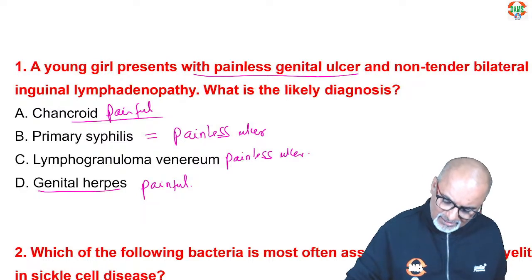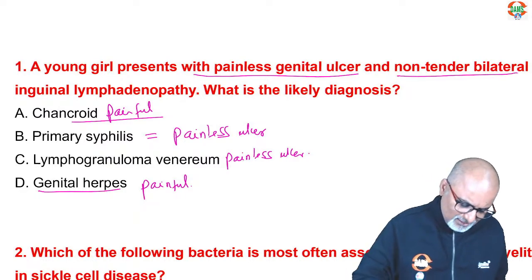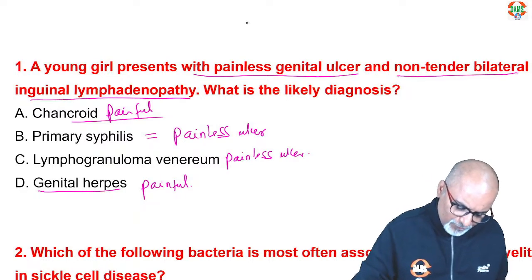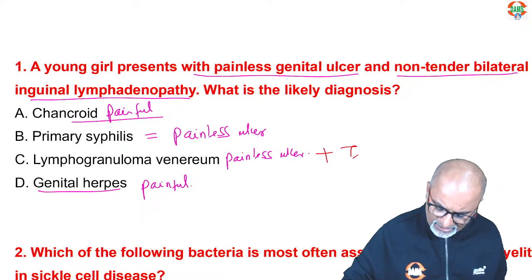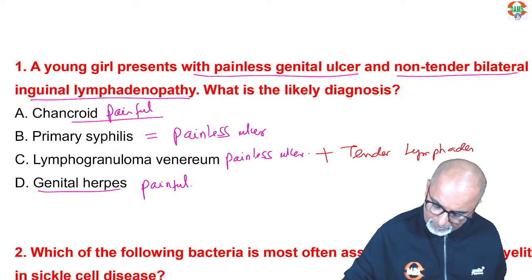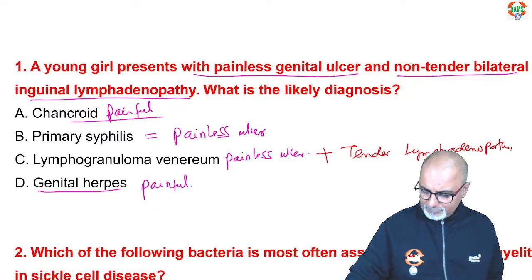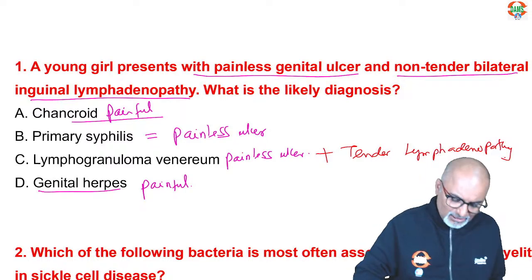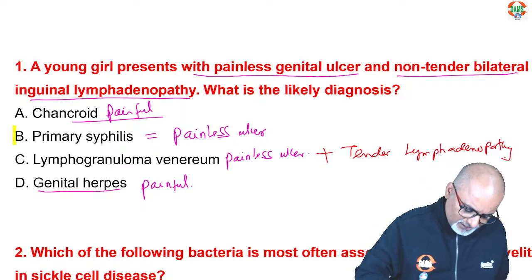Primary syphilis and LGV both are painless ulcer. And non-tender inguinal lymphadenopathy: in lymphogranuloma venereum you have tender, painful lymphadenopathy. Where there is painless, non-tender lymphadenopathy, you can go for primary syphilis.